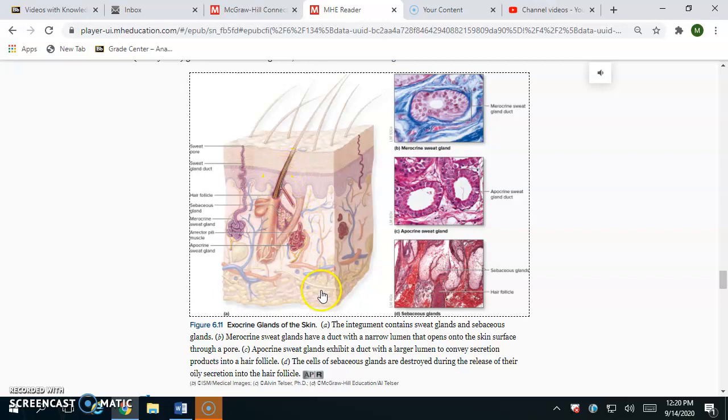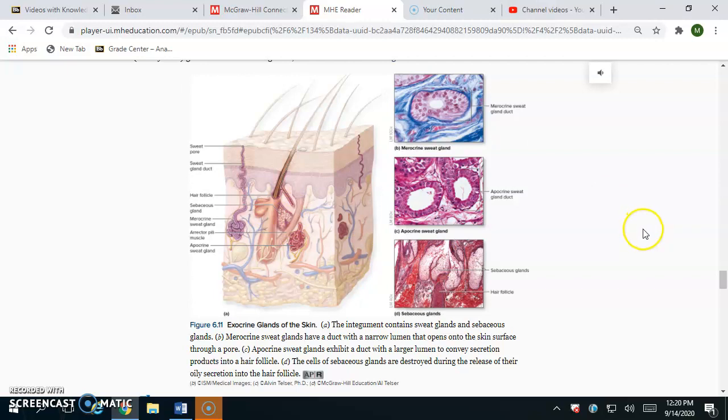We'll talk about the difference between those two. And then the other type of exocrine gland is the sebaceous gland. You can see one here, and you can also see one here where they've cut it in half, so you can see the little cells that make up that sebaceous gland. So those are the three that we're going to learn more about.